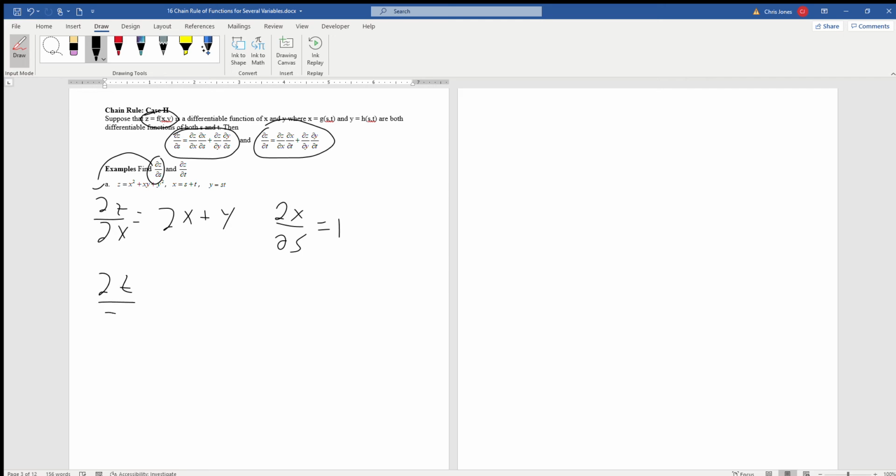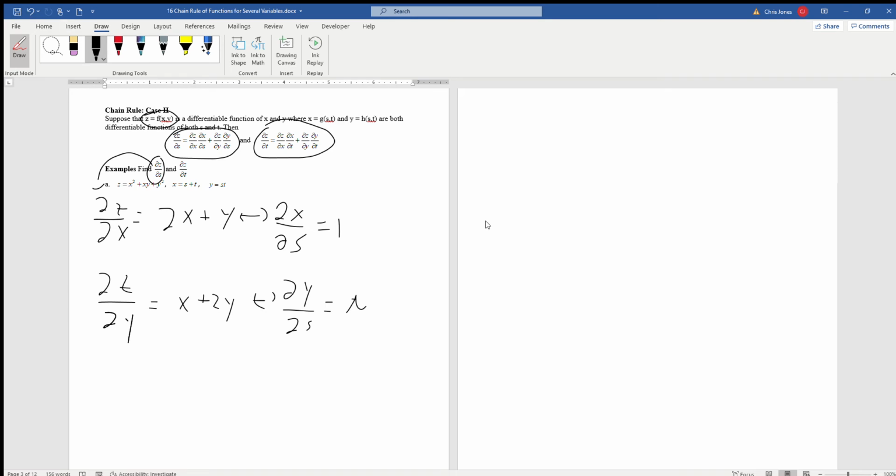Partial z partial y is going to be equal to x plus 2y. Partial y partial s is easy, that's just t. And then finally, for our total differential, we're just going to multiply and add.